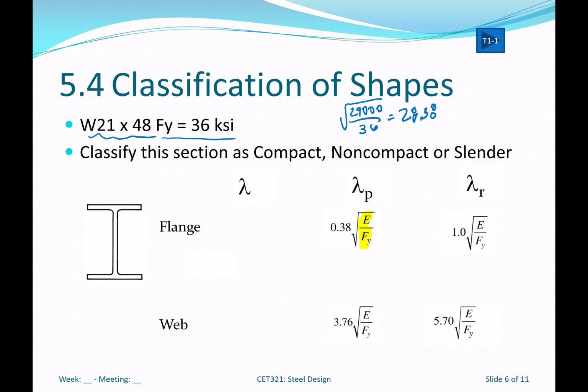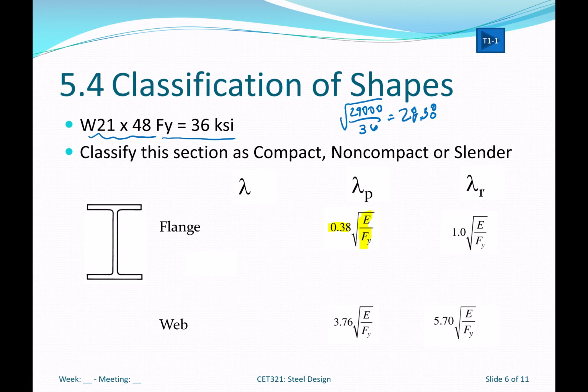So we can take that number stored in our calculator and just multiply everything by the factor out in front of the radical. That makes life a little bit easier.